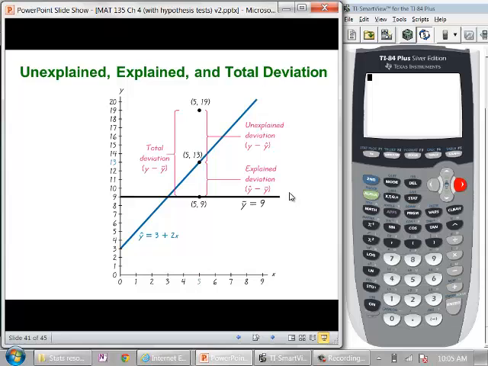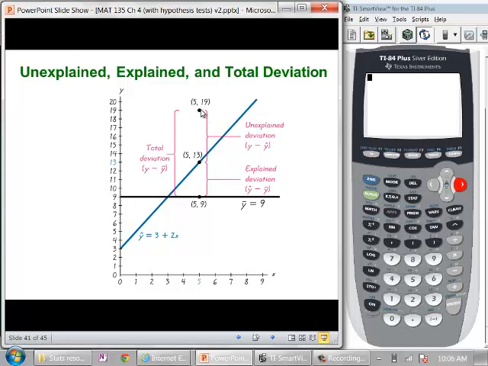So this one just goes straight across horizontally. So we're talking about the difference between our data value and our predicted value on our line. And we're also looking at the difference between our actual data point and the average values for the y values. So that difference between our y value on our point and our average y value is called the total deviation.